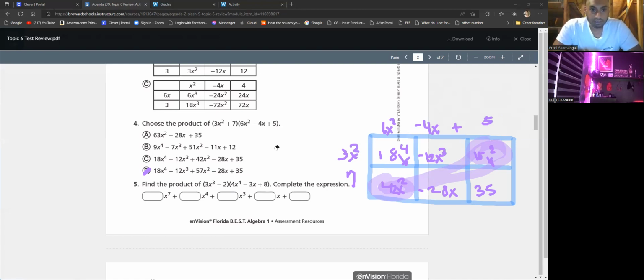You need to set up your box. This one would be 12, negative 17. How'd you do this one with the box? 6, negative 16.